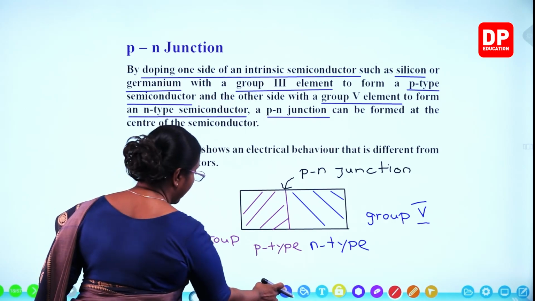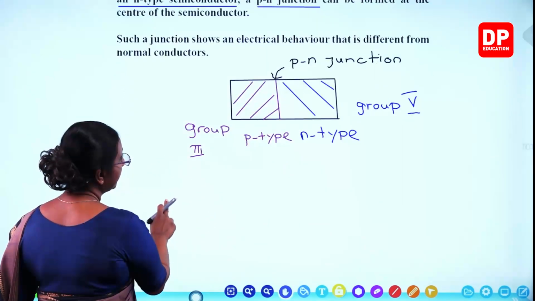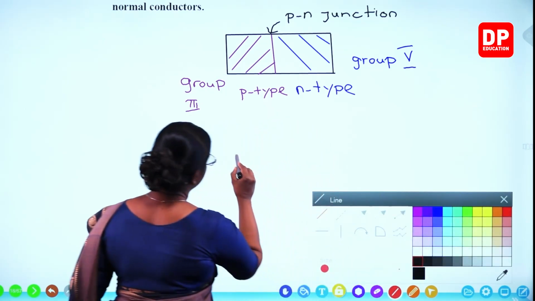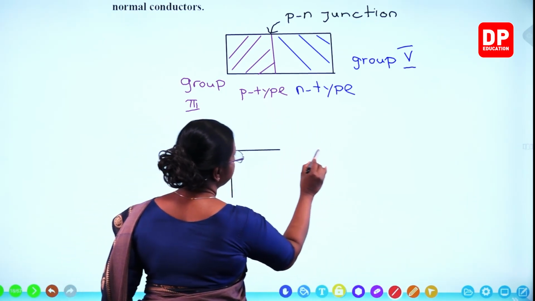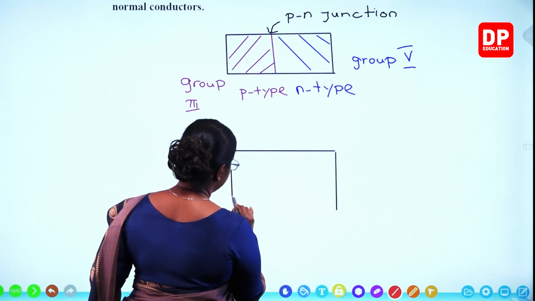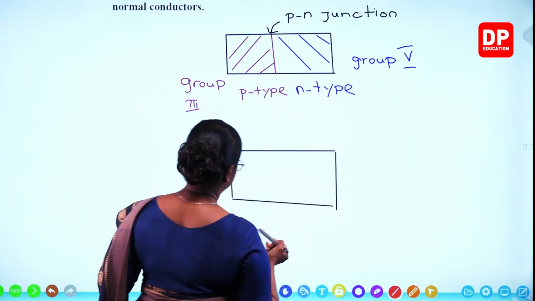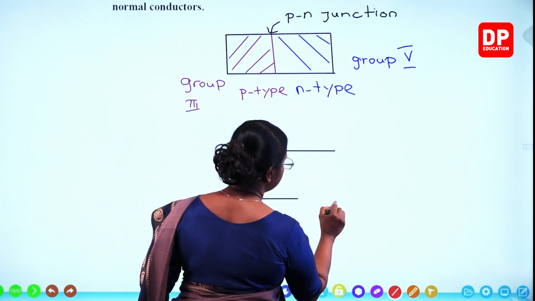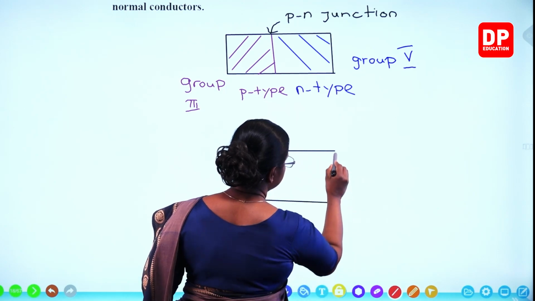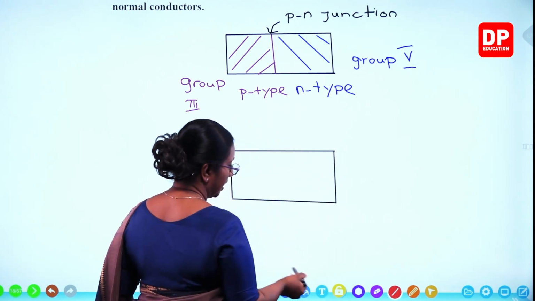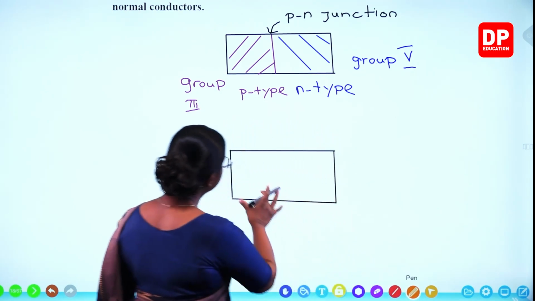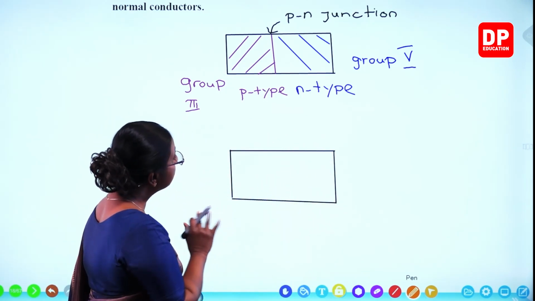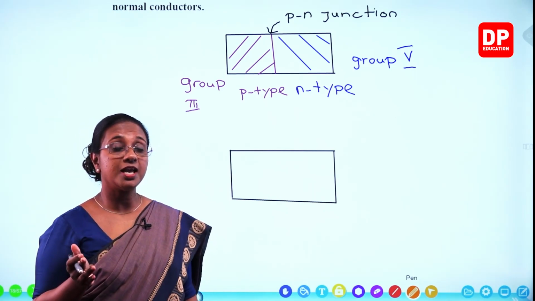Now we will try to understand that. If we take this PN junction, again this is the same semiconductor. When we say this side is P-type, this side is N-type. In the P-type, what are the majority charge carriers?